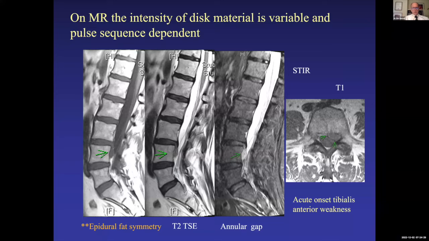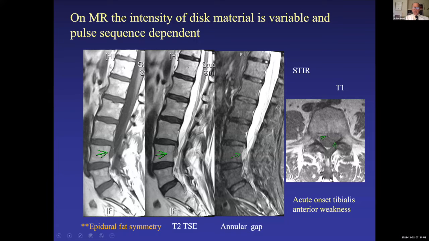You can see also in this case that the disc is coming through a disruption in the posterior inferior part of the annulus. That's how the nucleus ended up extruding inferiorly. And notice on the STIR sequence, the disc fragment is brighter than the parent disc. We did say that hydration may be maintained for a longer time in the extruded disc, so it may have variable signal.